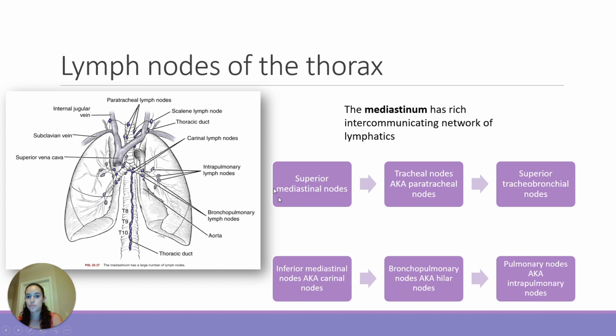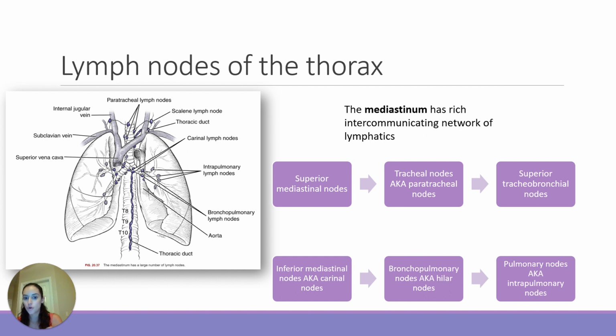So you have your superior mediastinal nodes. We're talking about up here. Go to the tracheal nodes, also known as the paratracheal nodes. The tracheal nodes are your trachea. The paratracheal just refers to that they're on each side of the trachea. And then it comes down to your superior tracheobronchial nodes.